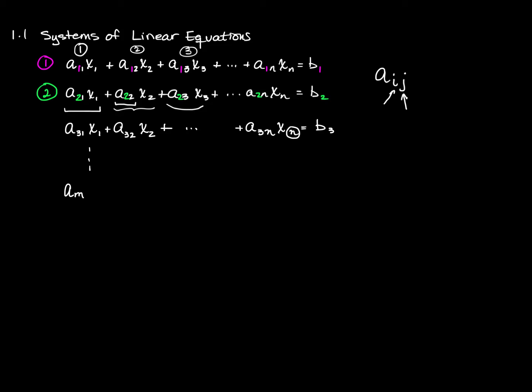M equations. So this is my mth equation, my first term. My mth equation, my second term. Oops, forgot that second subscript there. My second term, and so on. So each equation has n terms, and the system has m equations.